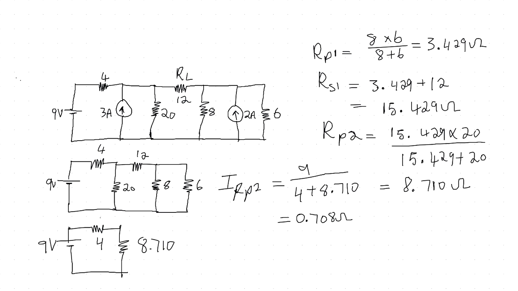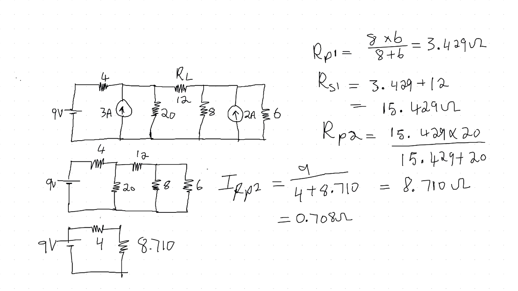So since they're connected in series, RP2 acts as my total resistance of what formed it. What formed RP2 is 15 and 20, and the 15 is from RS1. So normally my RP2 is formed by 20 and the 15, which is RS1.